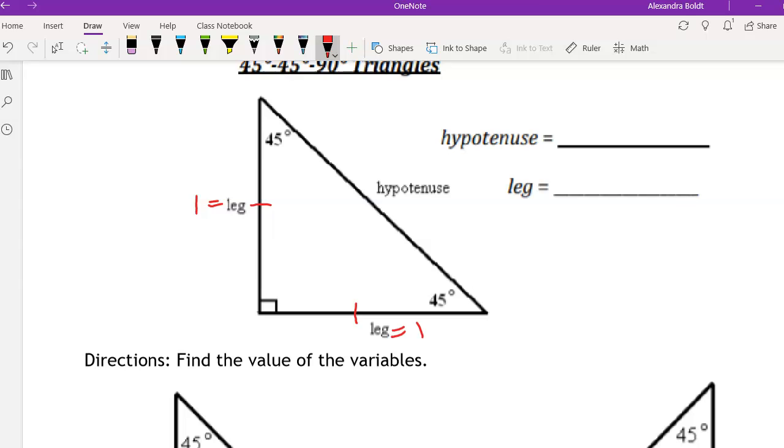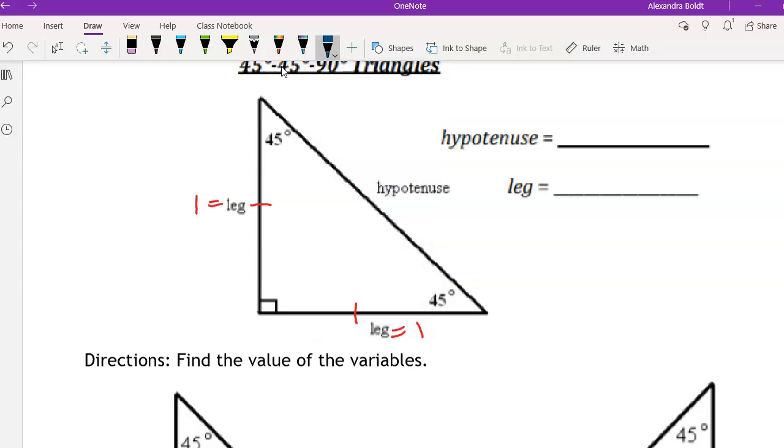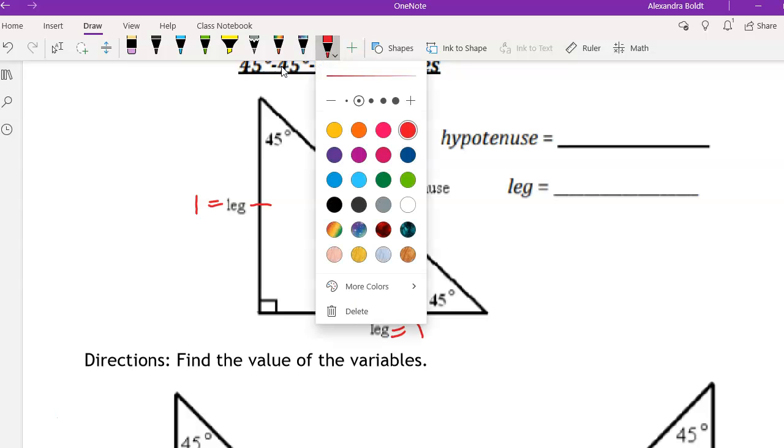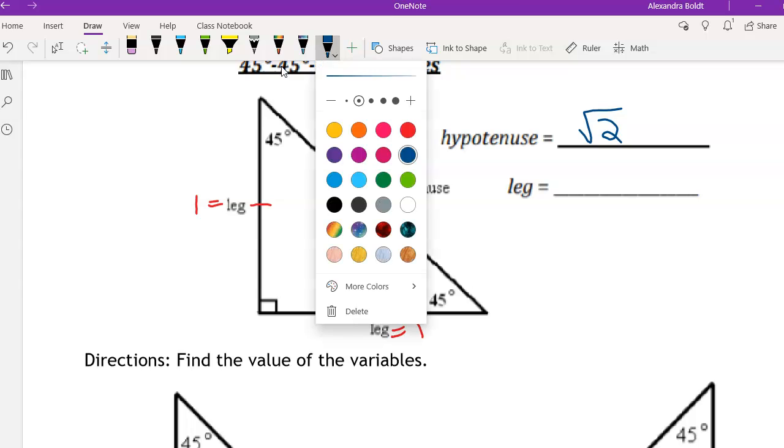So both of our legs are 1. Our hypotenuse is the square root of 2. Okay. So hypotenuse equals the square root of 2 and leg equals 1.